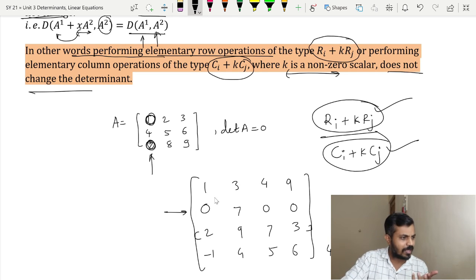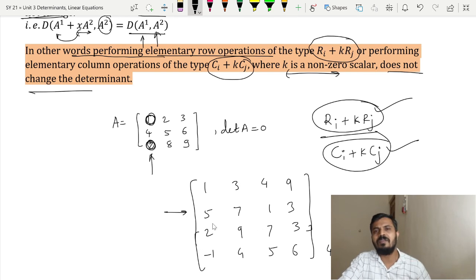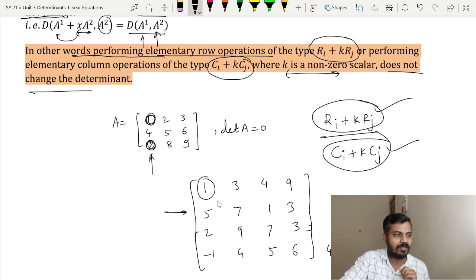But sometimes there may not be any zeros over here. It may be, let us say, 5, it may be 1 and it may be 3. Now how to proceed in this case, because finding the determinant of this big matrix is going to be challenging? Again we have a solution. You can see that this entry is 1, right? So with the help of this entry we can make this 0, we can make this 0, and we can make this 0.